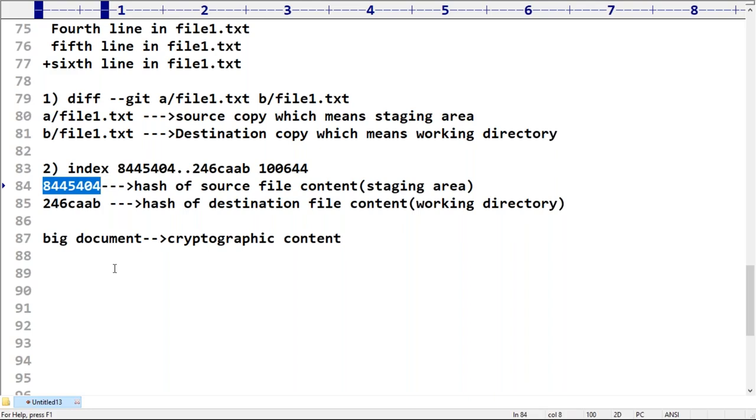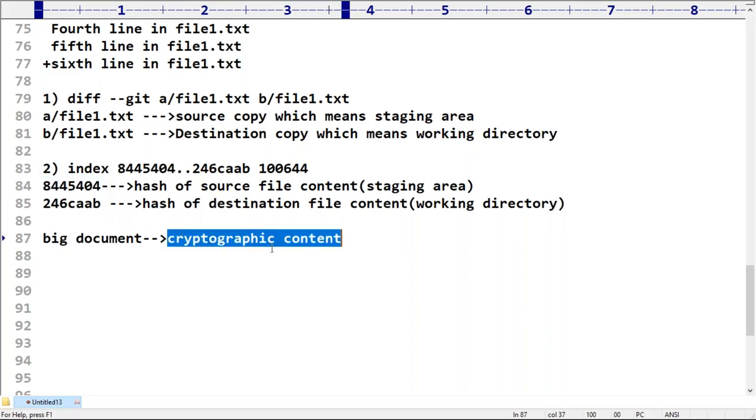Do you know blockchain technology? Have you ever heard about blockchain technology? Bitcoin, Ethereum, all these are based on hashing. So here the SHA-1 algorithm is going to be used to convert our content into cryptographic content, which is more secure.